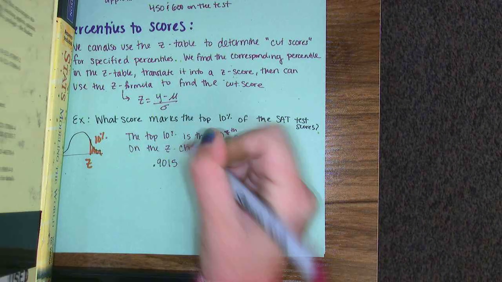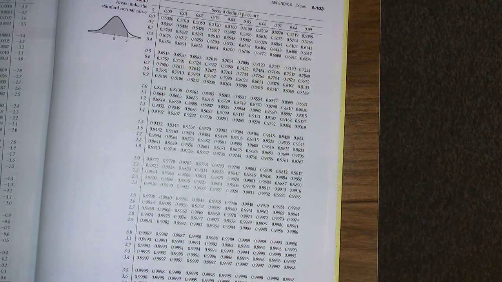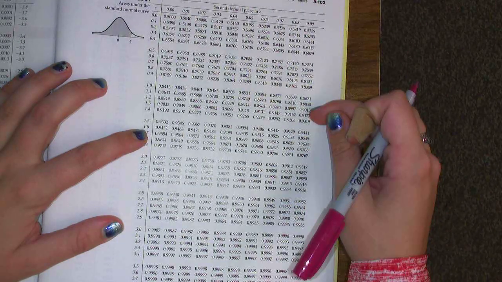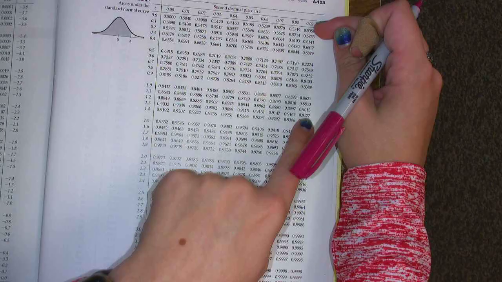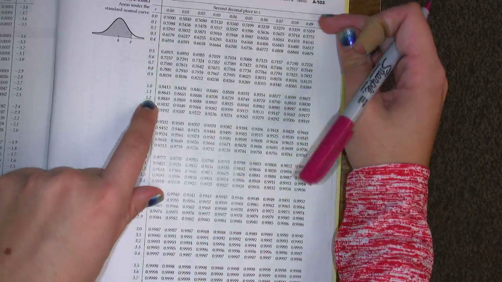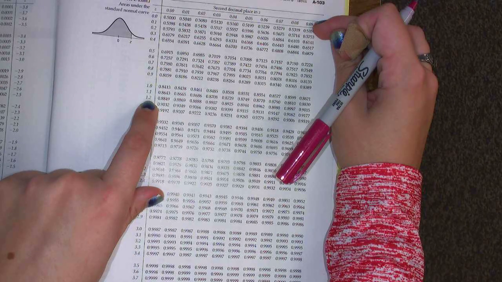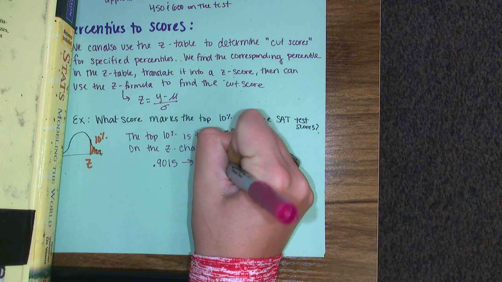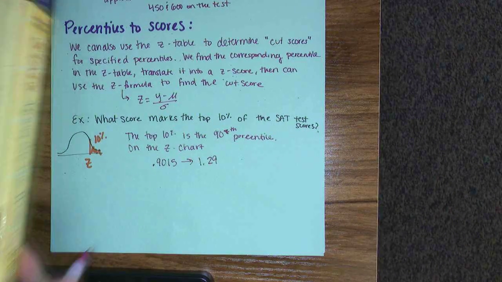Okay, and then we want to know what is that actually in z-value then. So I follow it, I go up, and I go over. So it's 1.29. Okay, so this is 1.29, in case you're just using the table in the opposite direction.